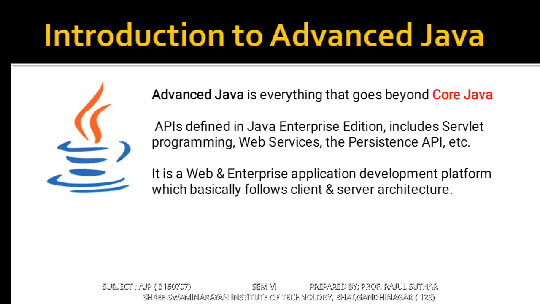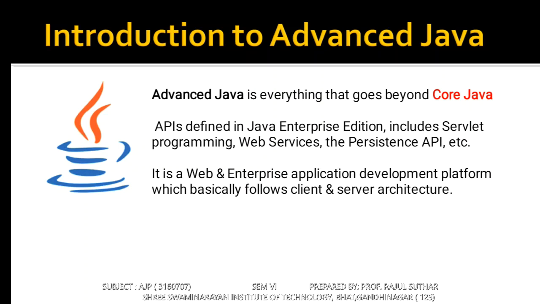Then let me start with the introduction to advanced Java. Advanced Java is everything that goes beyond core Java. We are all familiar with core Java, so all the concepts are revised for core Java. If you are working with basic programming, core Java is enough. But if we are looking for client and server based dynamic programming and database connectivity, then advanced Java is used.